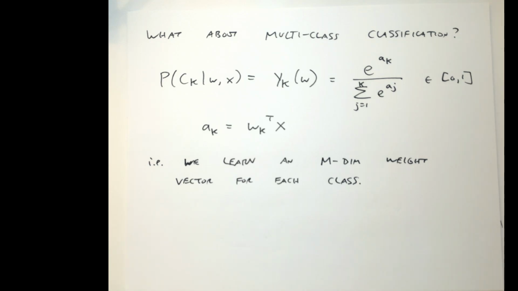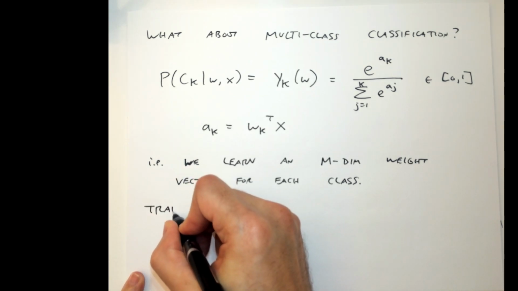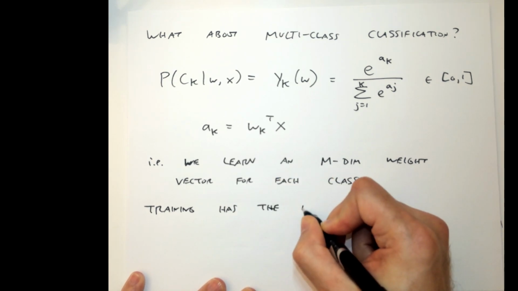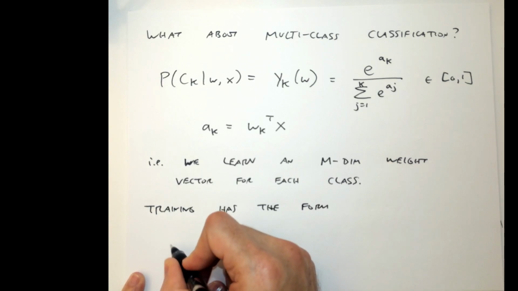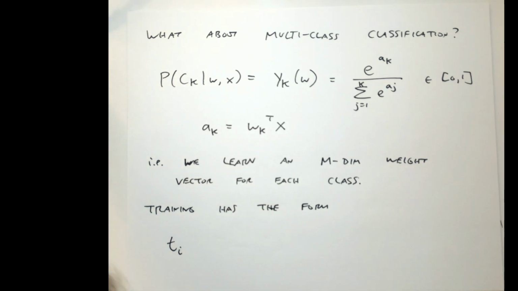And the training has a different form. The training has the form that each of the ti is what's called a one-hot vector.